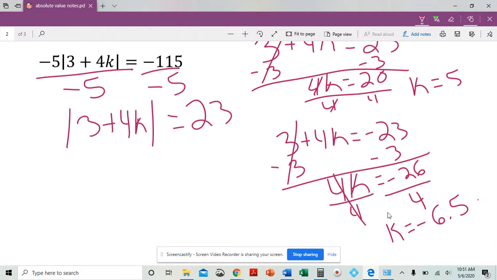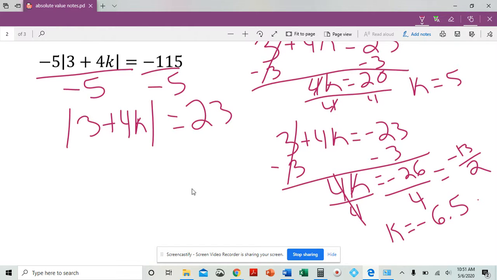You can leave it in fraction form if you want to as well, just to put it in simplest terms. So that would be negative 13 over 2. Either or, just make sure that you check what they're asking for in the equation or in the answer. That way you know which form to put it in.